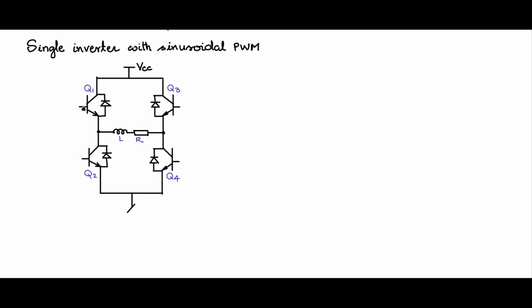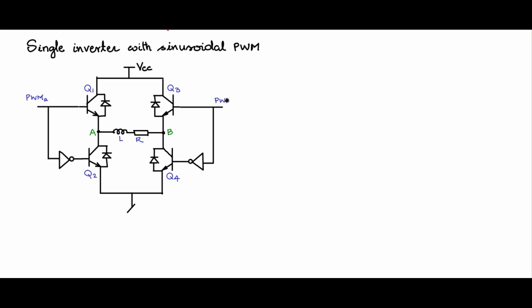Now, therefore, we can say that if this is A and B, and you are giving a PWM here, what you give to the other switch is through a NOT gate, so it will be the inverted signal. We call that one PWM A. Likewise, on this side also, you have to give Q4 the inverted signal.